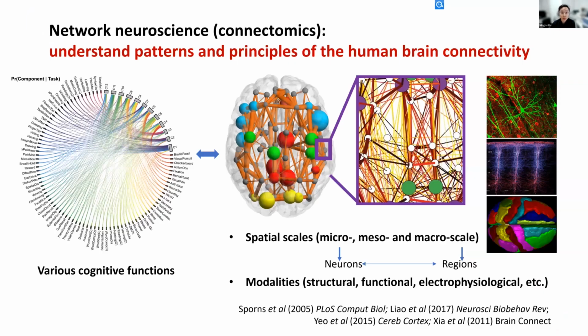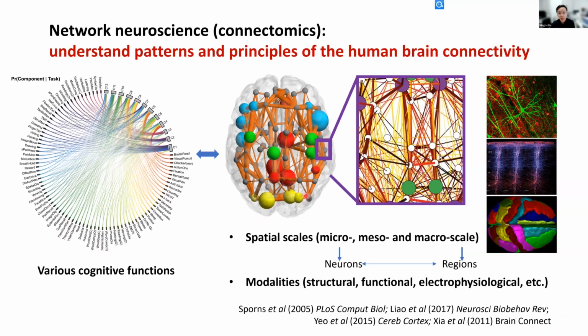As we know, the human brain is a very complex system. It works as the fundamental biological basis to support various cognitive performances. Different brain regions are interconnected by white matter fibers and synapses.